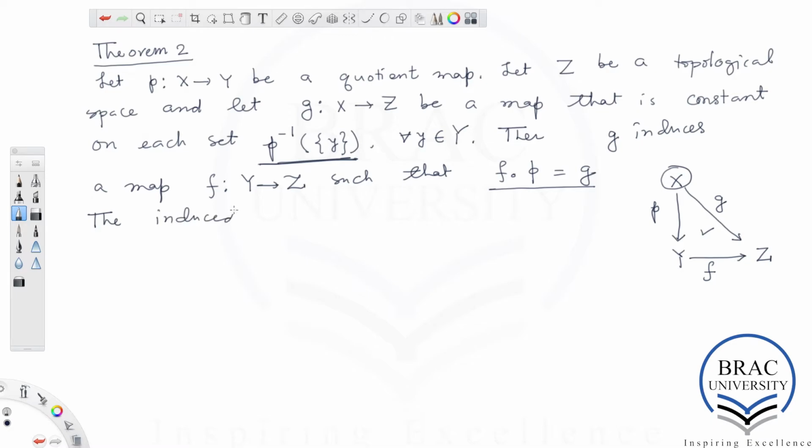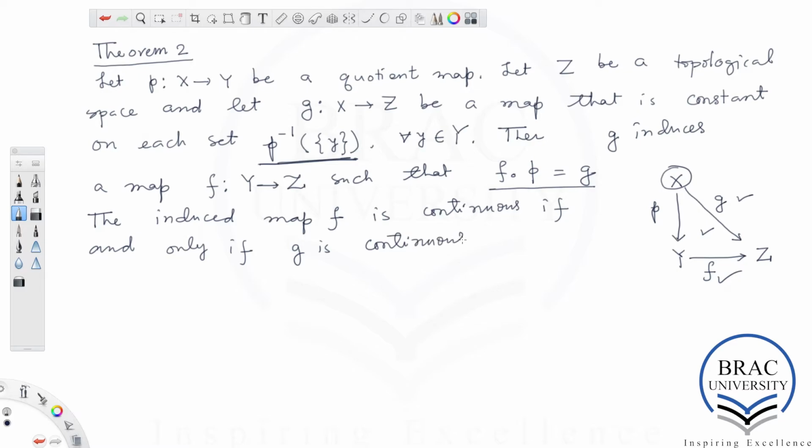The induced map F is continuous if and only if G is continuous. The third thing is that F is a quotient map. This induced map F is a quotient map if and only if G is a quotient map.